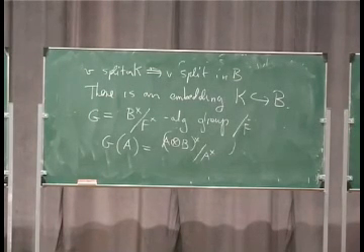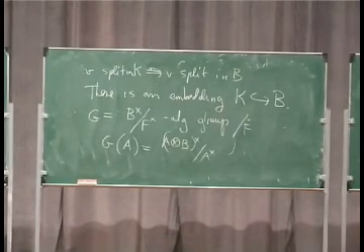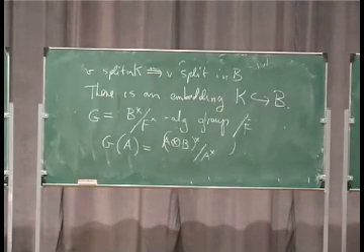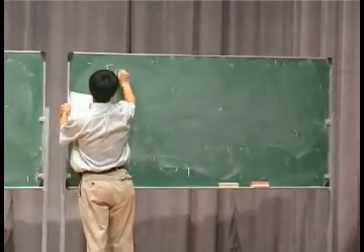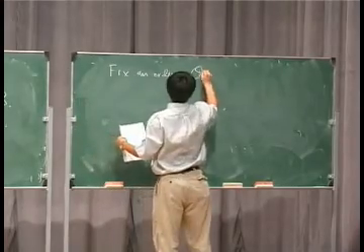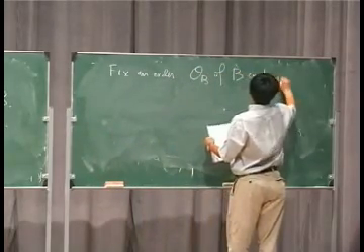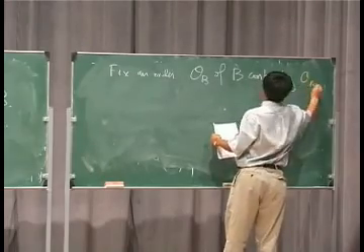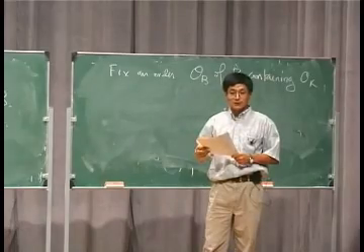Later on, I will think of this G as an algebraic group over OF instead of F. To do that, I have to fix some order OB containing OK. In this way, I can think of my group not only over F, it's actually over OF.